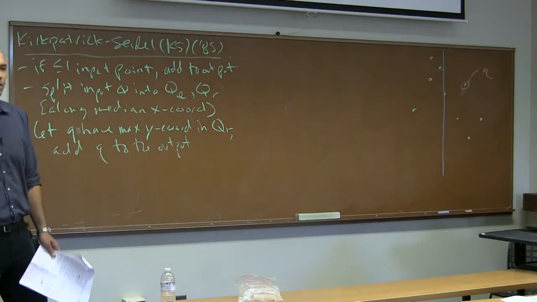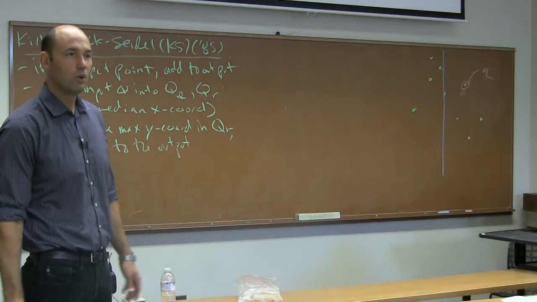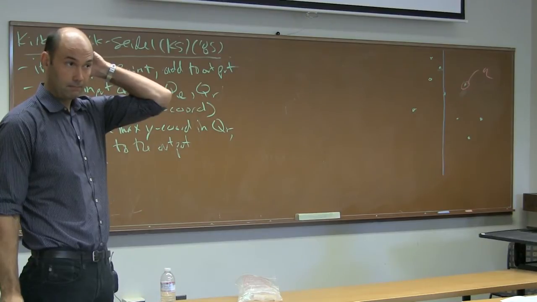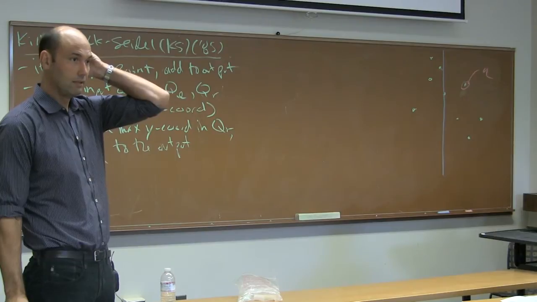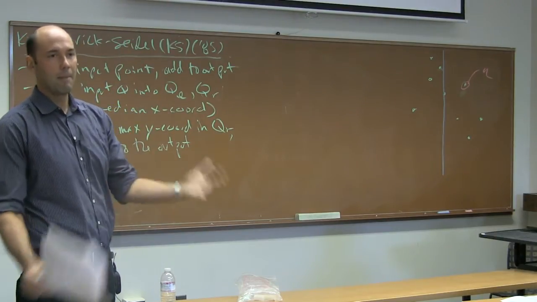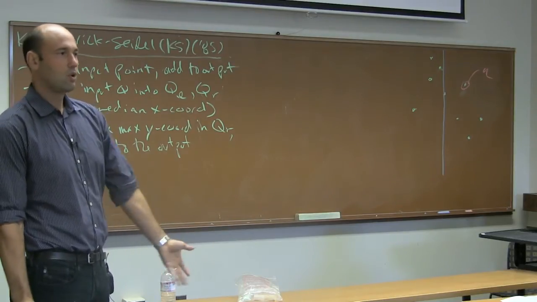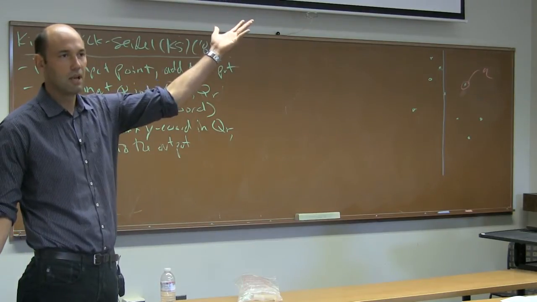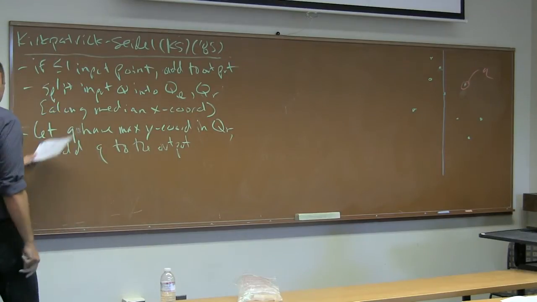So implicitly in there, there's a claim, which is that q, whatever the point set is, has to be a maximum. It better not be dominated by anything else, otherwise this algorithm is incorrect. So why is it a maximum? Well, if it's not a maximum, it's dominated by something. Who's going to dominate it? Well, no one on the left side, because their x-coordinate is smaller, and this guy has the highest y-coordinate on the right side, so no one on the right side can dominate it either. So no worries. That's a rightfully declared maximum.